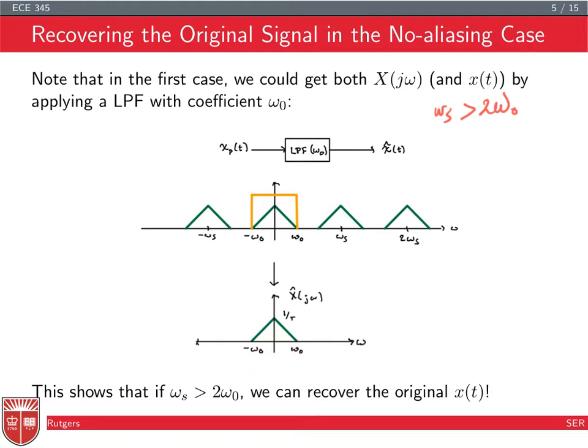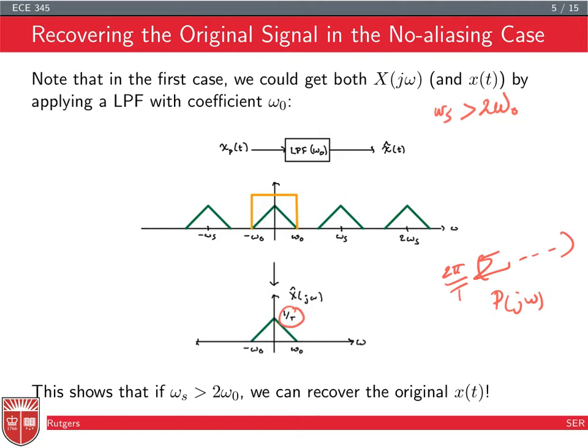Now, maybe I'm not going to care too much about it. It's going to be scaled by 1 over T because of the sum. Because if you remember, you had 2 pi over T times this sum in the X p of j omega, but that's not an issue because you can just scale it by multiplying the spectrum by a constant.